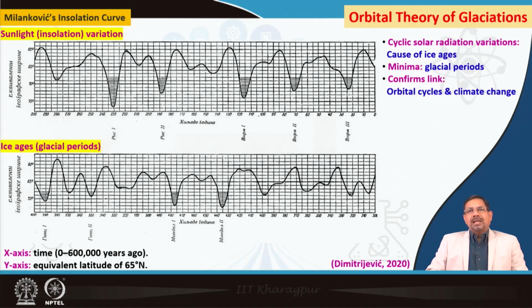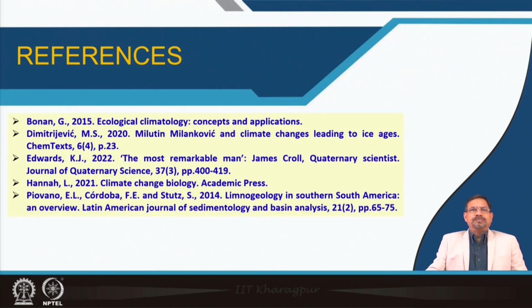So the cyclic solar radiation variations explain the causes of ice ages. The minimum means glacial period, and it confirms the link which is coming from the orbital cycles, and thereby explains one of the important mechanisms of climate change.